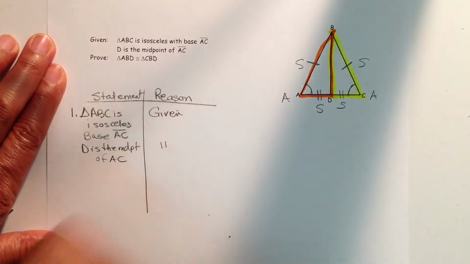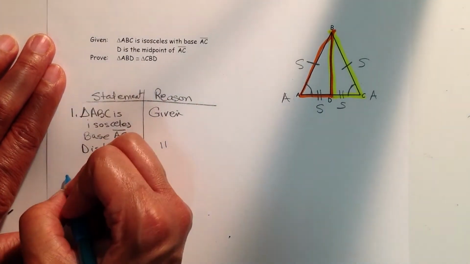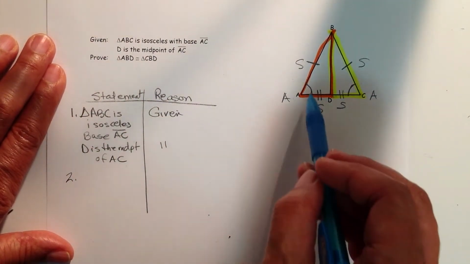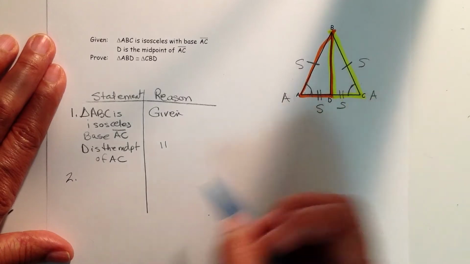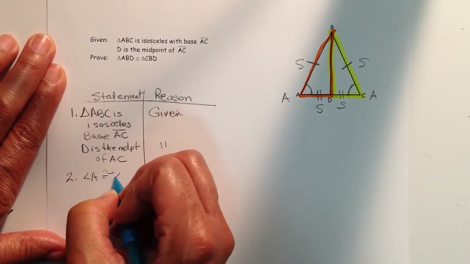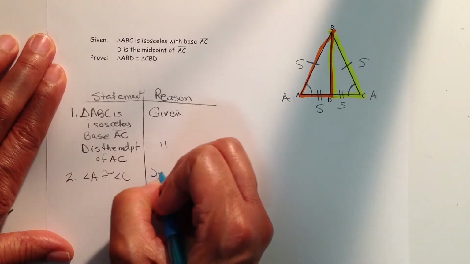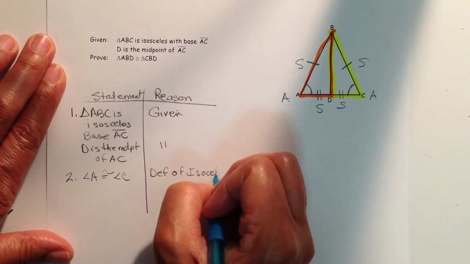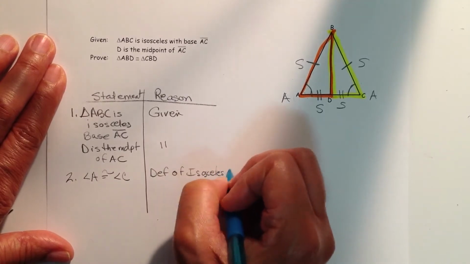Why? Because that was given to me. Now, remember I said I also from there would be able to say that angle A is congruent to angle C. Why? Definition of an isosceles triangle.